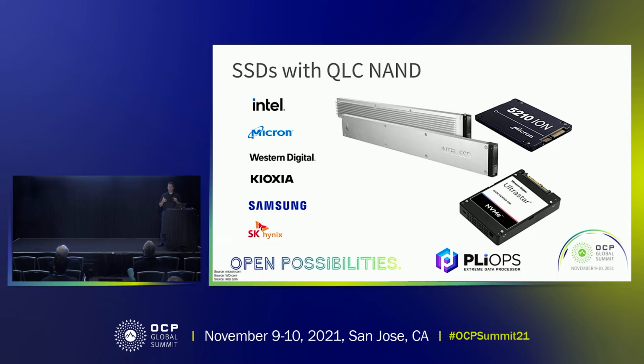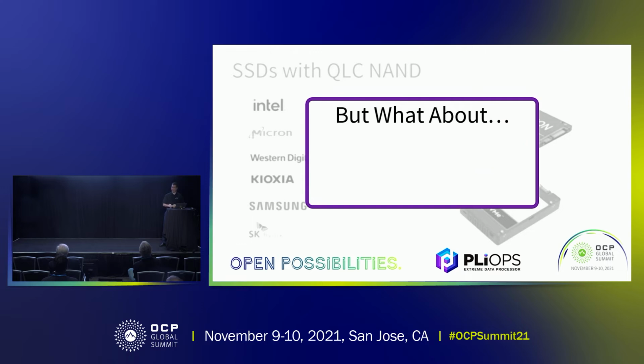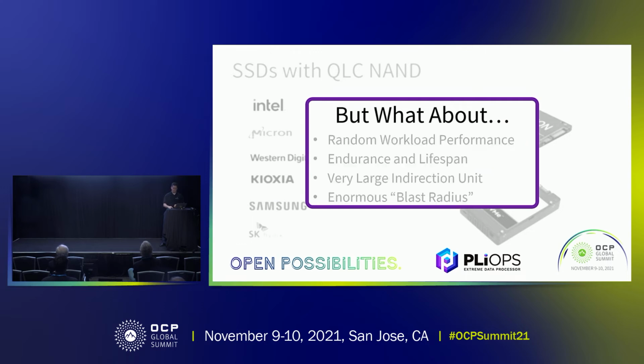So why aren't all storage solutions selling today including QLC NAND? Because there are some major limitations to QLC NAND. Performance with a random workload, endurance and lifespan, very large indirection unit, and an enormous blast radius.